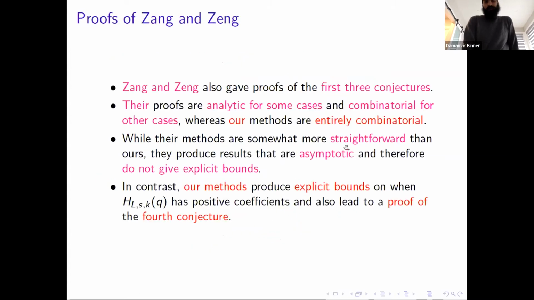We should also mention that Zhang and Zheng also gave proofs of the first 3 conjectures out of these 4. However, our proofs and their proofs are completely different. In particular, their proofs are analytic for some cases and combinatorial for some others, whereas our methods are almost entirely combinatorial.